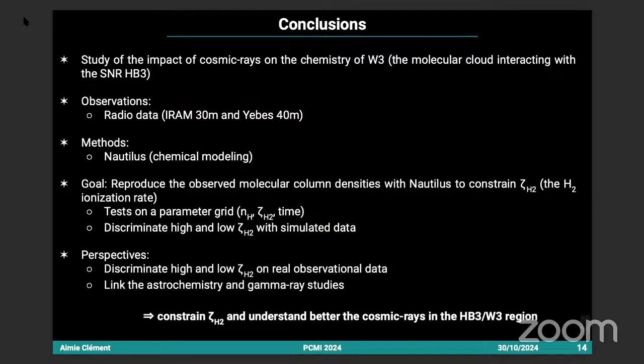We did a test on a parameter grid, and we were able to discriminate two zeta values on simulated data. Now we want to do it on real observational data and really link the two parts of my PhD, astrochemistry and gamma rays, to try to constrain zeta and better understand the cosmic rays in these regions. That's it.